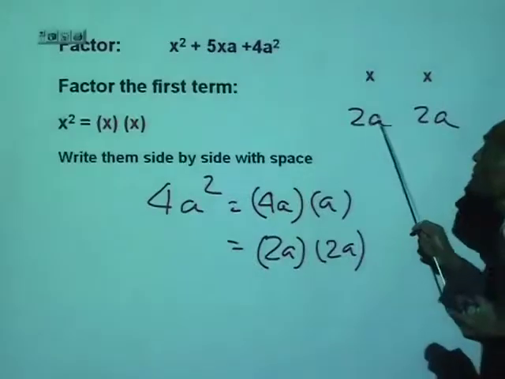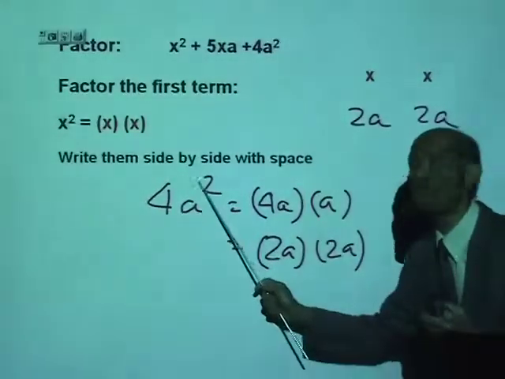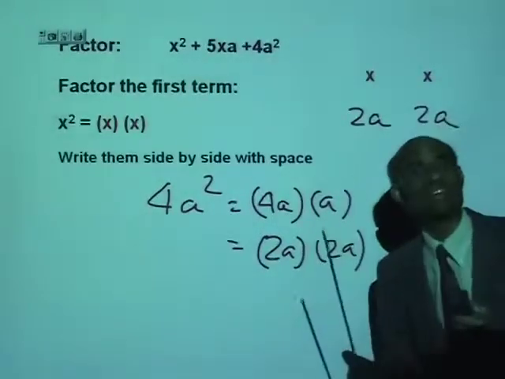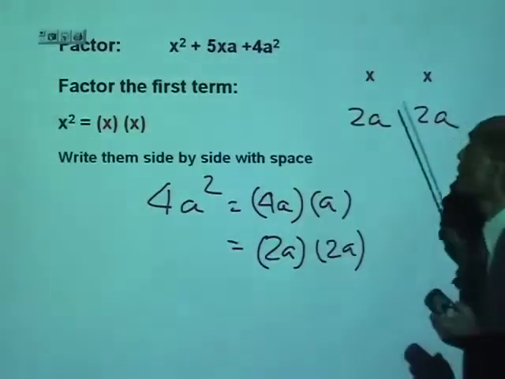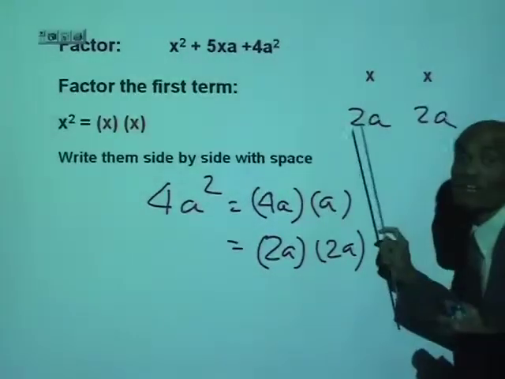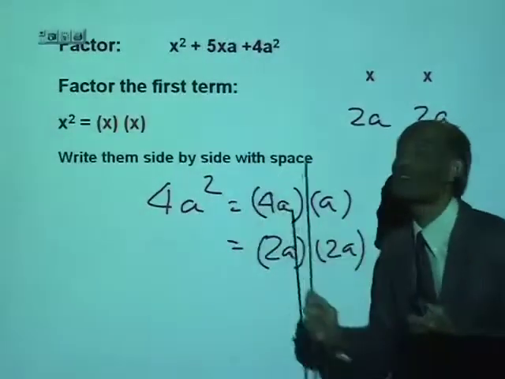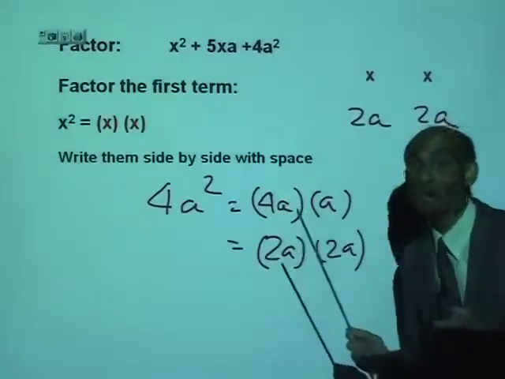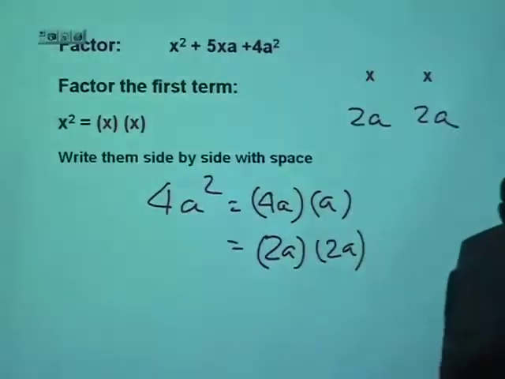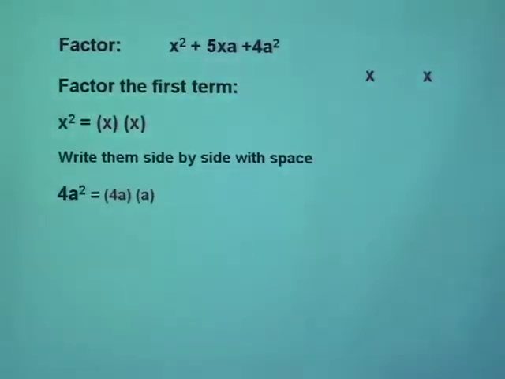So obviously this doesn't work. You cannot factor 4a squared as 2a times 2a in this case. Why? Because multiplying diagonally and adding does not give you the middle term 5xa. That means obviously we need to now try the other one. Okay, let's try that one.